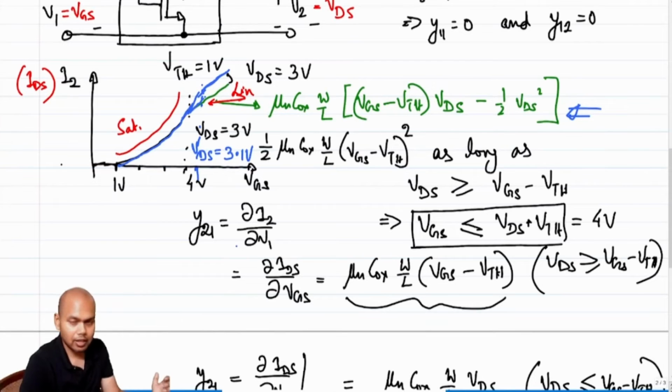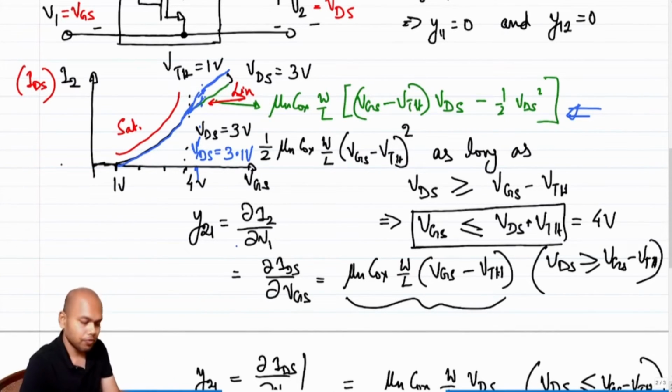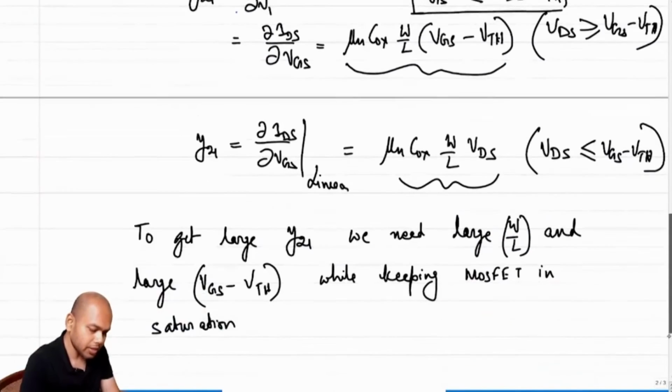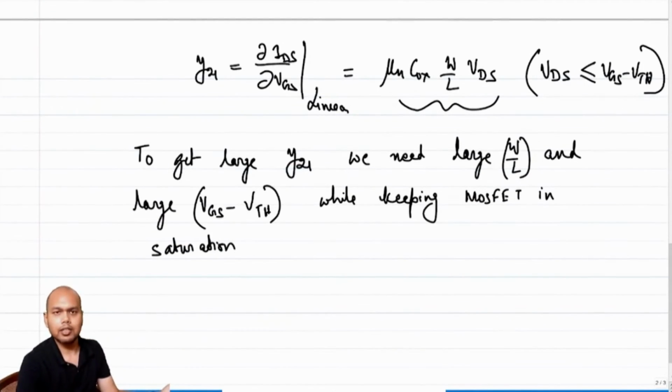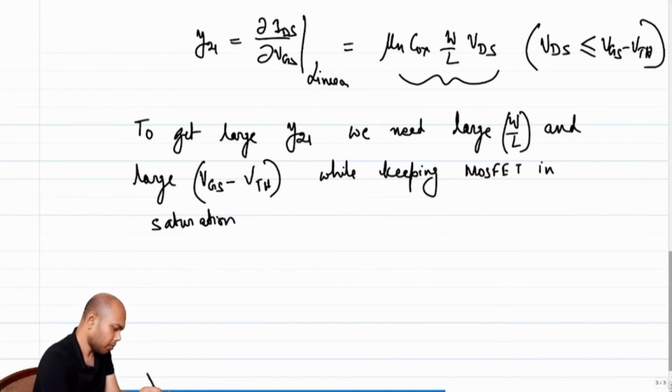There is a limit of how much you can increase VGS minus VTH before you run out of any voltage room. We will see that these constraints will come up quite frequently as we move ahead with the course. So this is as far as the Y21 for our MOSFET is concerned.